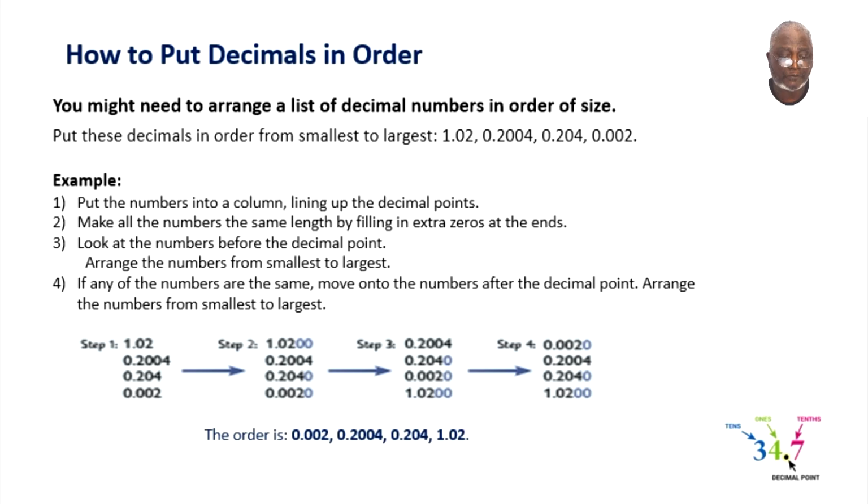And the correct order of the numbers at the top are 0.002, 0.2004, 0.204, and 1.02. That's been placed in ascending order from smallest to largest.